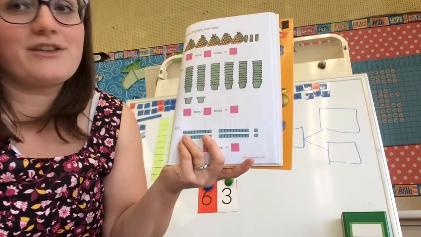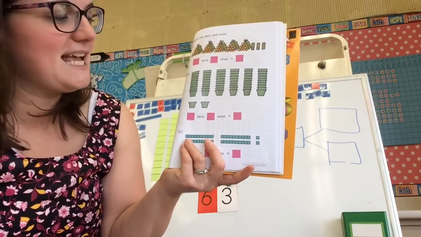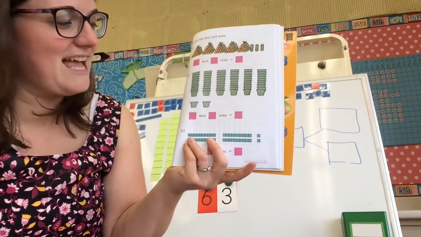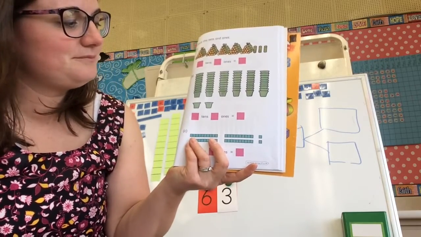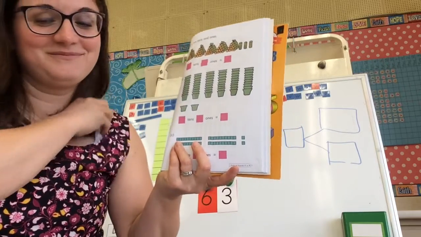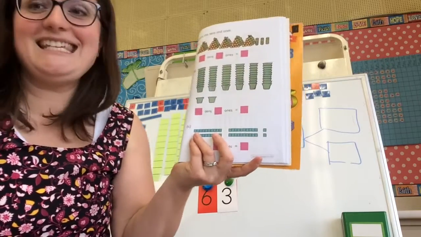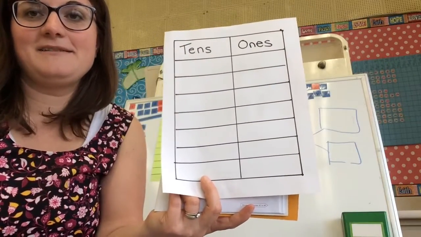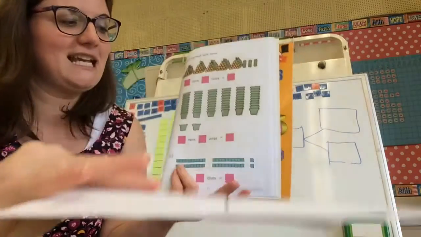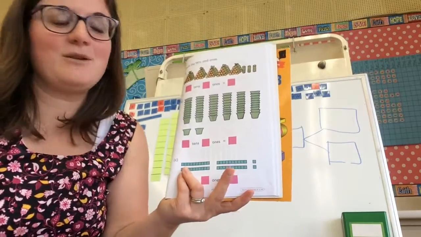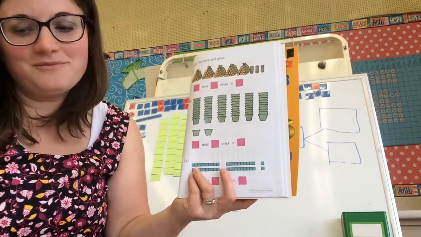Let's go down to our stack of cups. How many 10s are there in this picture? 6 10s, yes. And how many ones? 2. So what number is that? 62. And then on your chart, I want you to fill in how many 10s and how many ones. So how many 10s was there? 6. And how many ones? 2.